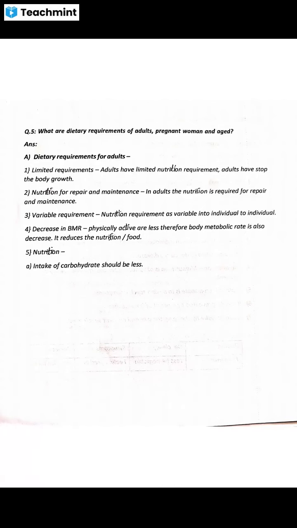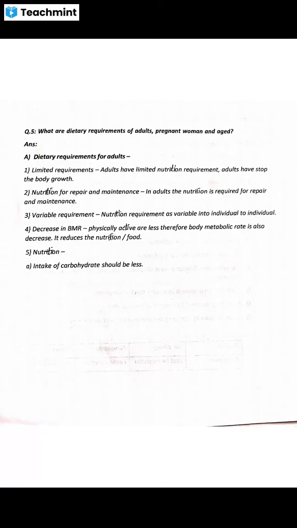Why is nutrition used in our body? Nutrition means we intake nutrients, and nutrients means carbohydrate, protein, lipid, fats, right? So nutrition for repair and maintenance means it is used for the body's growth, for the development of body processes, for the development of growth, body growth and repair and maintenance.